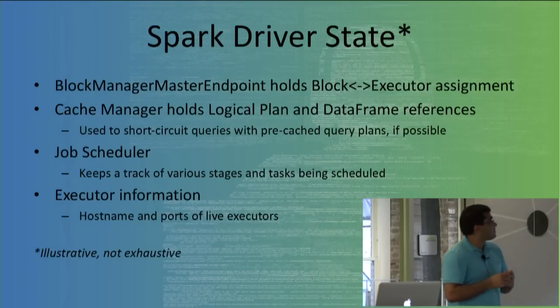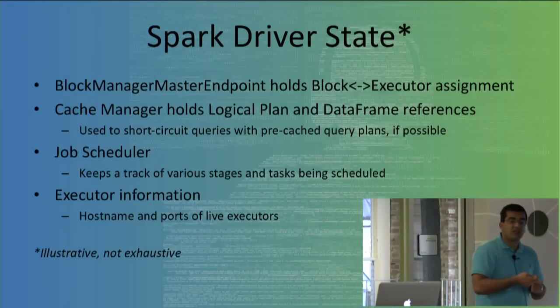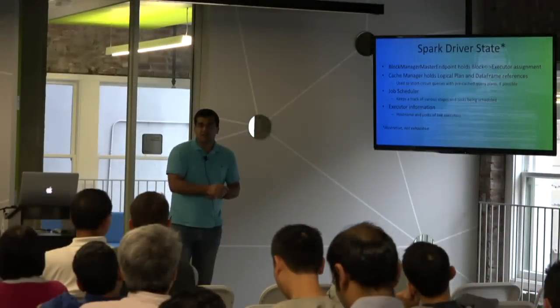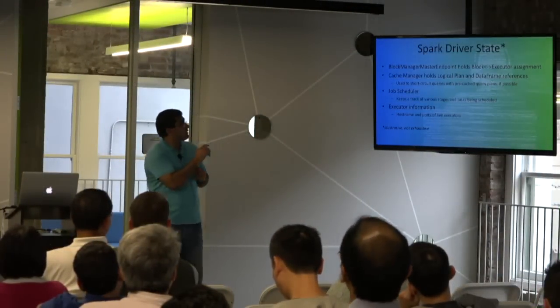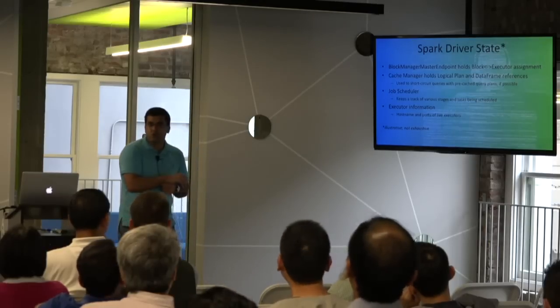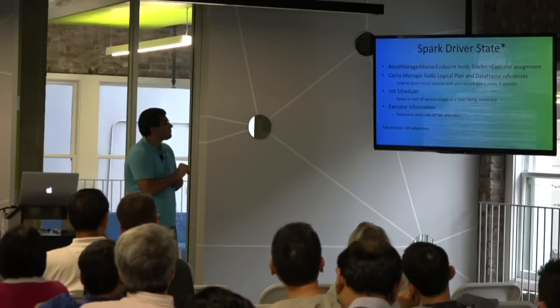The intention is that should you submit a larger logical plan later on, it will try to short circuit either the entire plan or portions of the plan with pre-existing results if it can find any. So all of this is already inside there. So the cache manager state itself is a pretty interesting thing that you would want to hold on to, right?